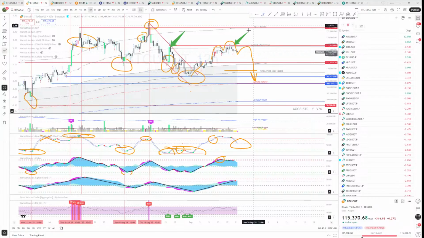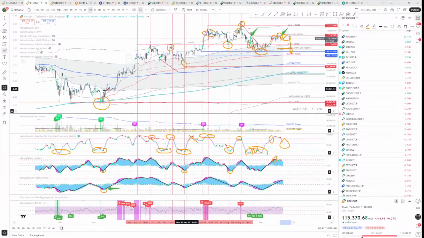Yeah, so just showing that if we do come for a retest here of the date anchored VWAP, this date anchored VWAP has been a little bit more consistent than the one from the previous high. This is from this low down here, so you can see I've added it onto the April low there, and you can see we basically rode it up, chopped around through it here, got above it.